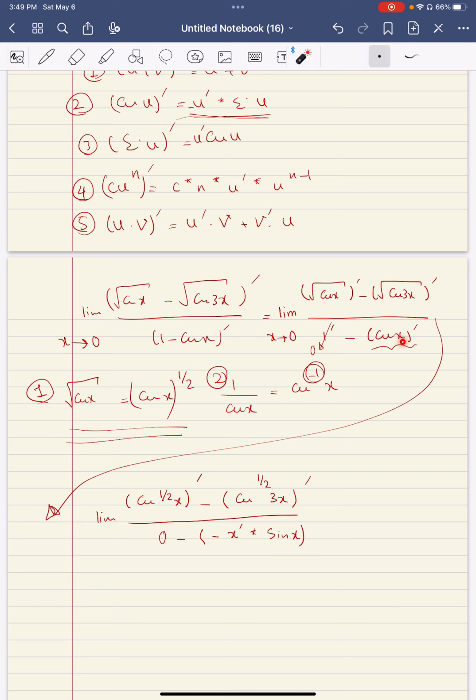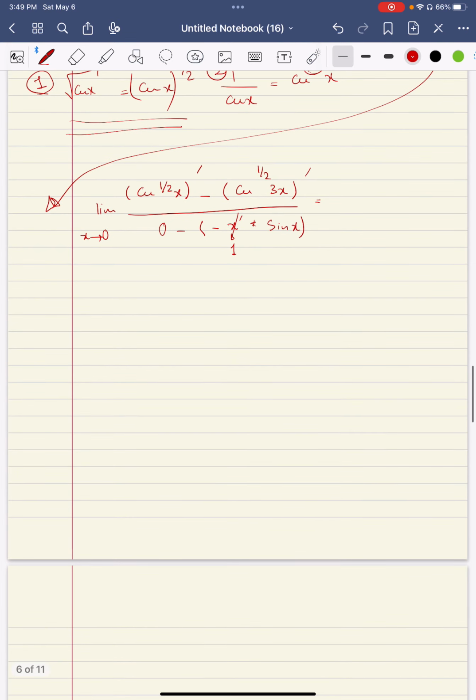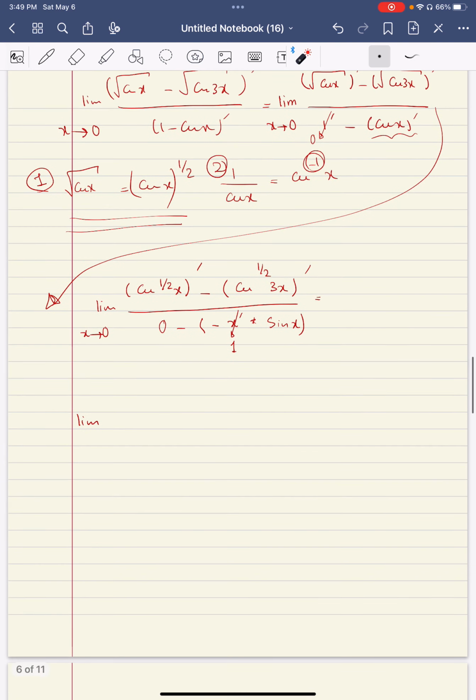So cosine x, the x is the u in here, negative u prime or negative x prime times sine x, correct? X prime is equal to 1, right? So let's go ahead. Limit of this guy. I'm going to apply 1 times here and 1 times there.